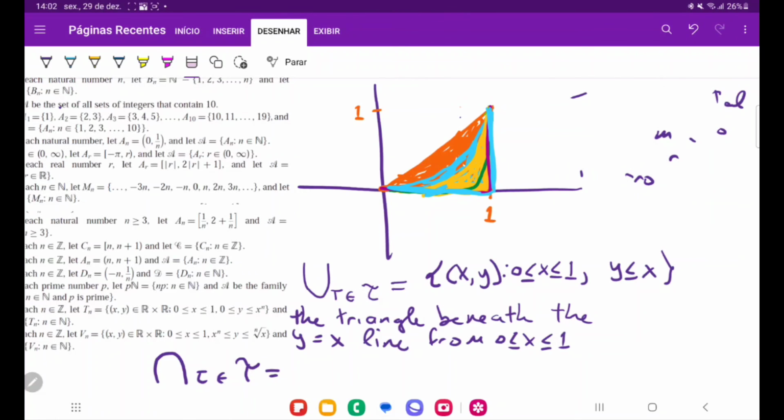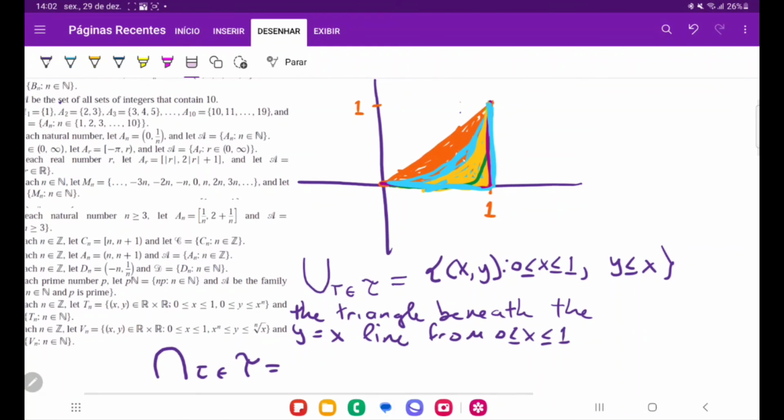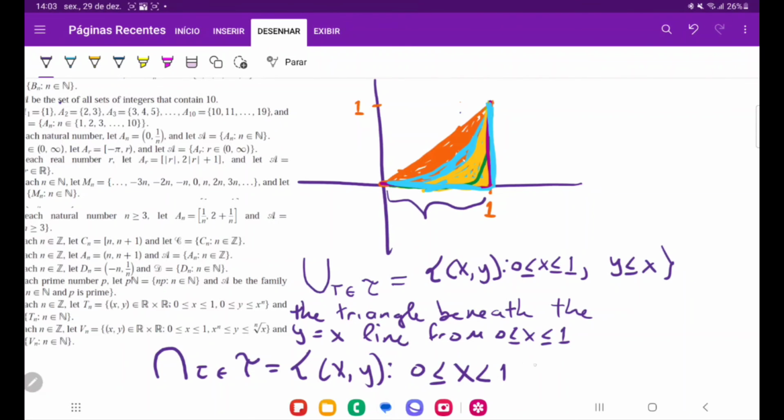Now let's put it in set builder notation. So that's going to be all points x, y, such that, first, we're going to break this down into two chunks, right? We're going to say x is less than, actually not equal to, it's going to be less than 1. So x less than 1, greater than or equal to 0, because that takes account of the horizontal line.